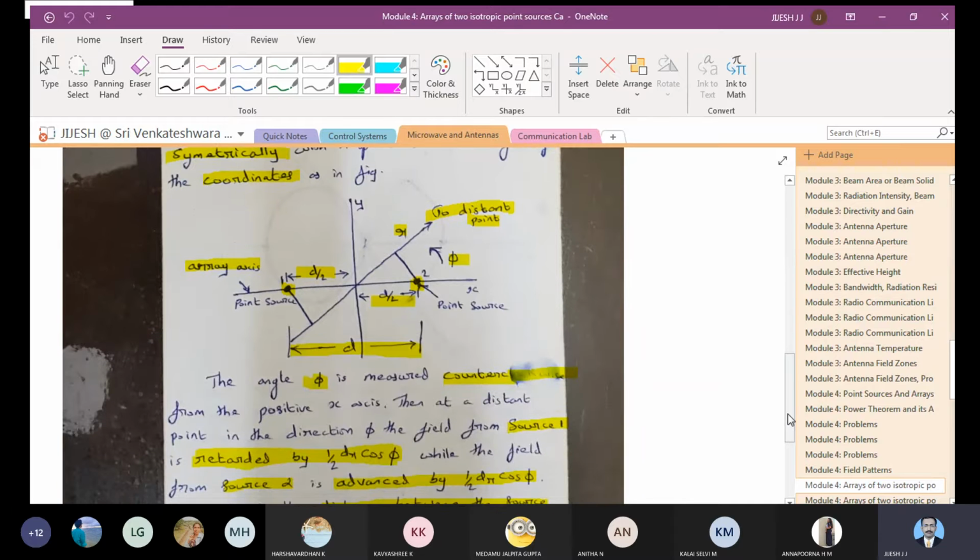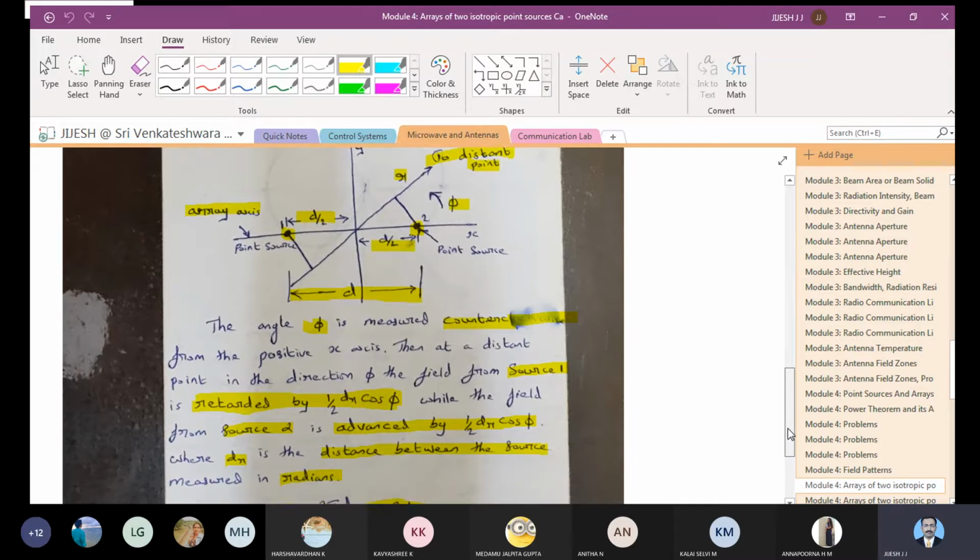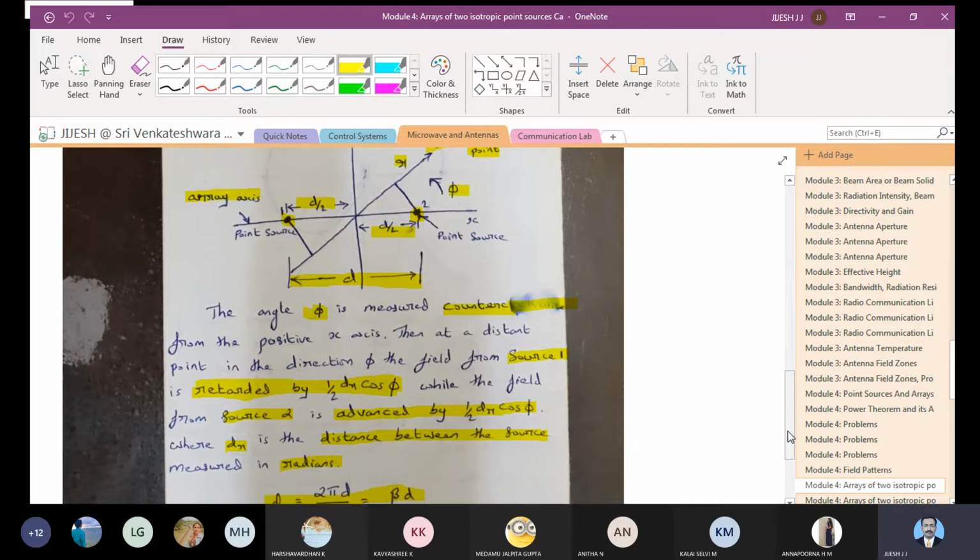So the distance from the center is d by 2, and separation between the sources is d.